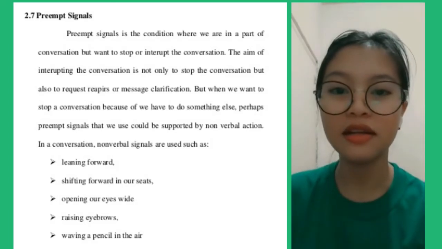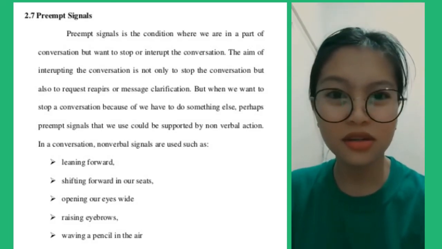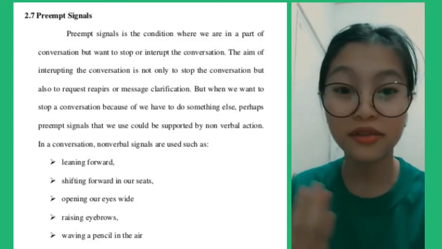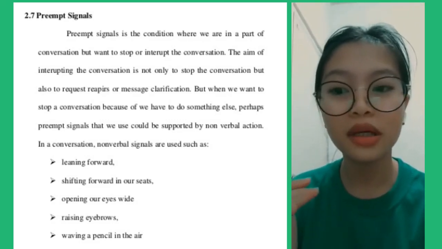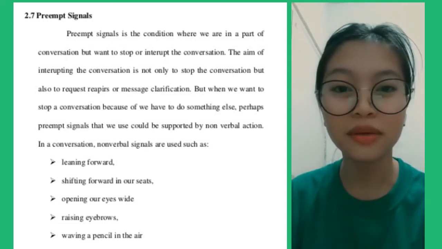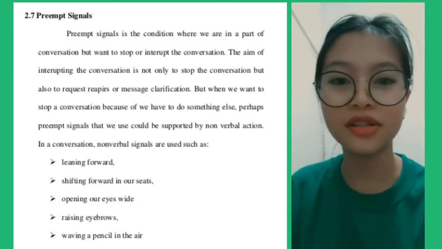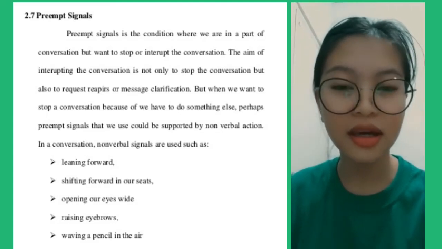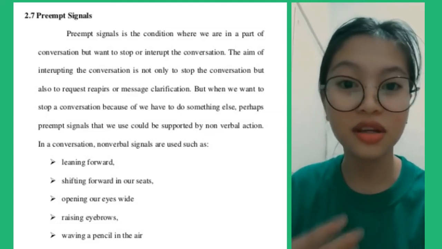Firm signal is the condition where we are in a group or we are part of the conversation, but we want to stop or interrupt the conversation because we need to do something or we need to clarify the message that she's trying to say to you.